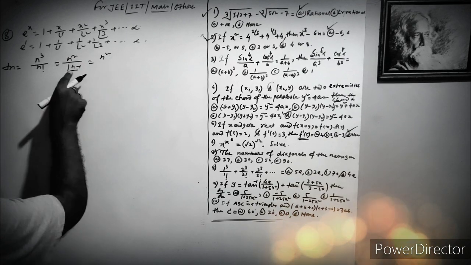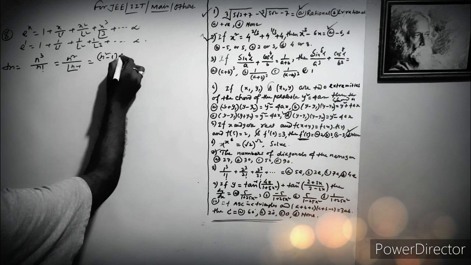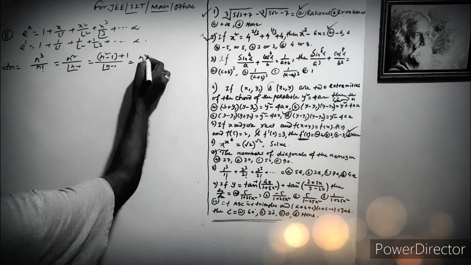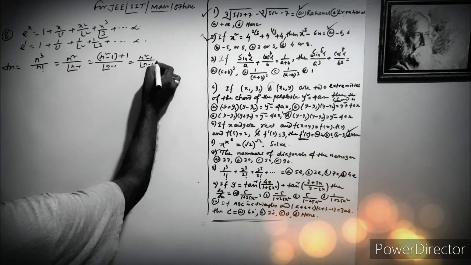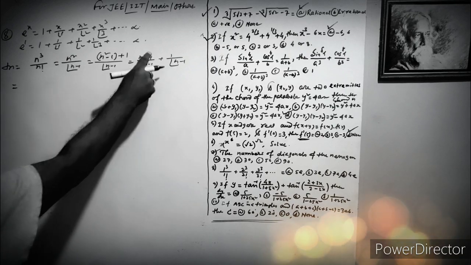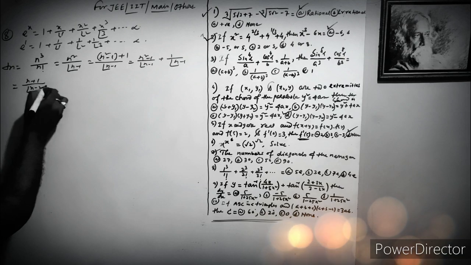After that, we want to cancel n again on the upper side, so that is n minus 1 plus 1 by factorial n minus 1. So n square minus 1 by factorial n minus 1 plus 1 by factorial n minus 1.